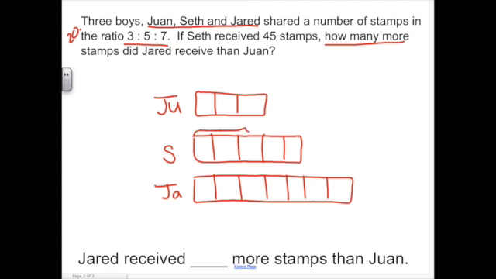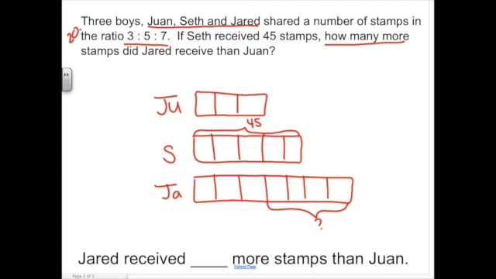So I can label Seth 45. I want to know how many more stamps Jared received than Juan. So this is going to be my question mark, because this is all the extra that Jared has. Juan has 3 units, Jared has 7, so he has 4 more units.